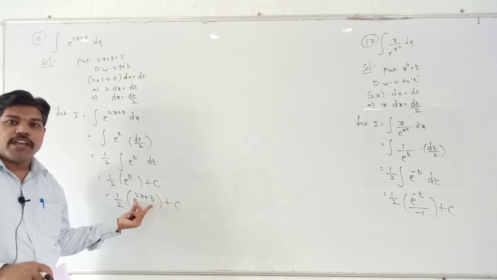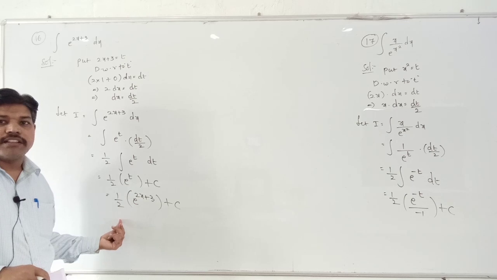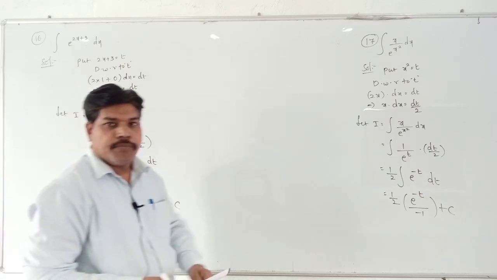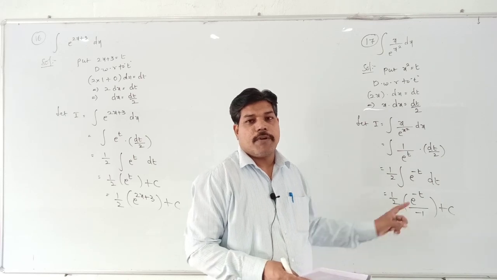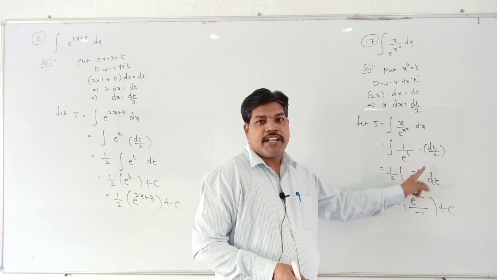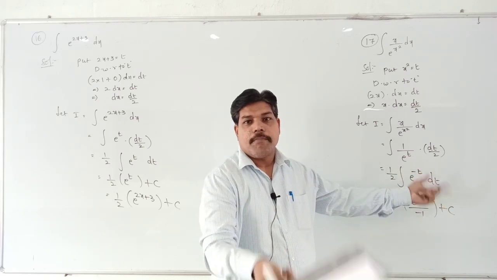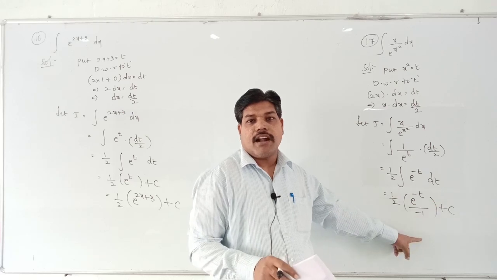What is the derivative of 2x plus 3? Derivative of 2x plus 3 is 2. So that you are taking in the denominator. Similarly here, e power minus t integration with respect to t. So what happens? E power minus t integration is e power minus t by minus 1, the derivative of minus t, you will get in the denominator.